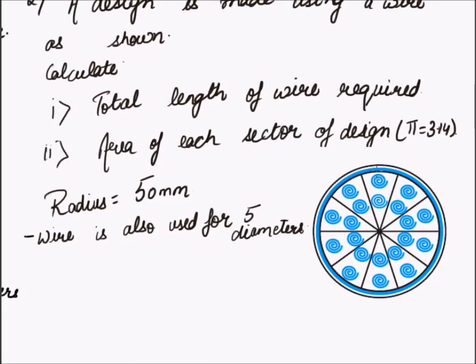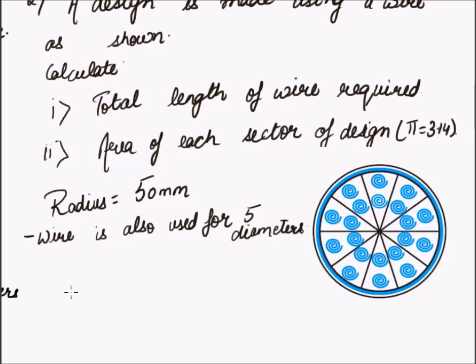Now, in this figure, though there are 2 circles shown, nothing is said about the other radius. So we will consider only one inner circle for our calculation purposes. Now wire is also used for these 5 lines, these 5 diameters.